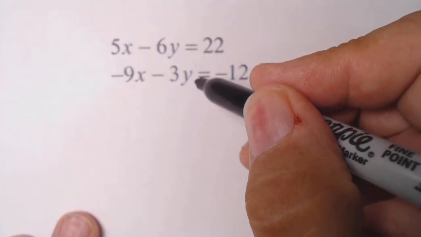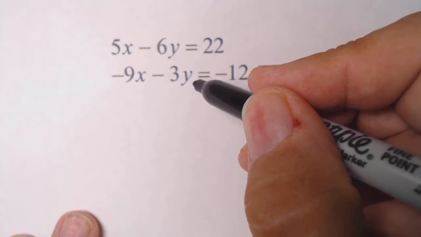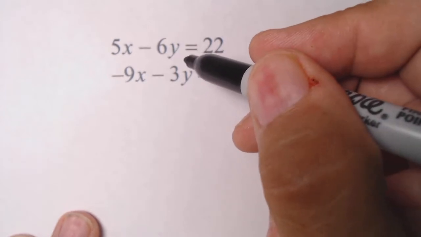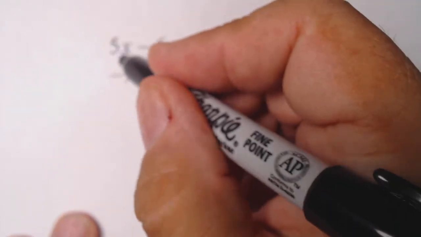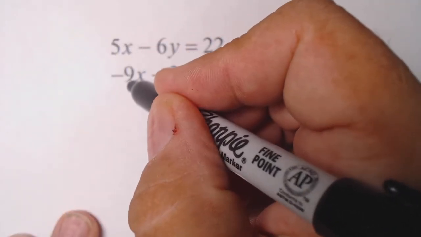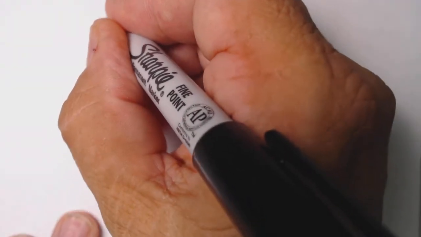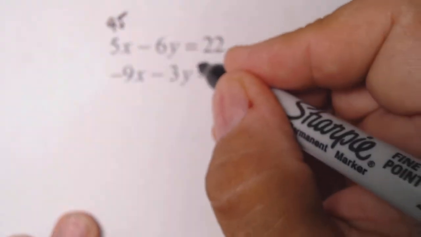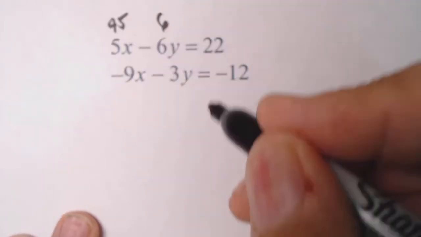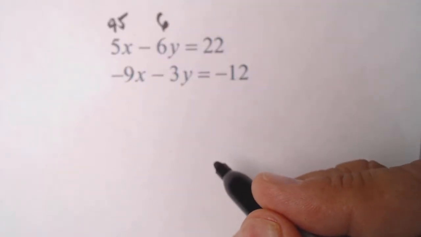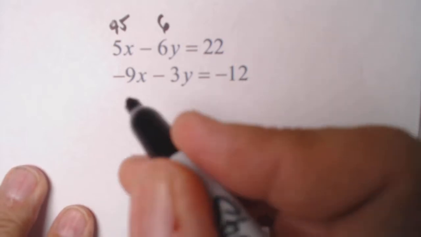That's the way you want them to be able to use the elimination method. And I've got the variables lined up. The LCM here, the multiple of both these numbers for the x's would be 45. But looking at the y's, it would just be 6, and one of them's at it already. So here's what we're going to do.